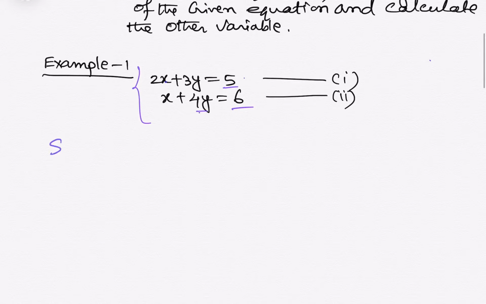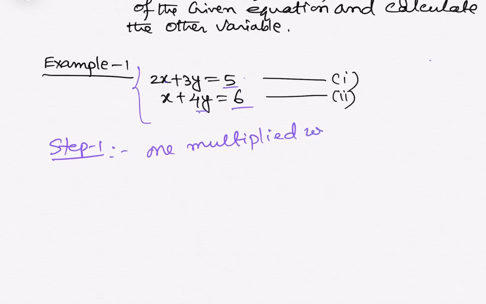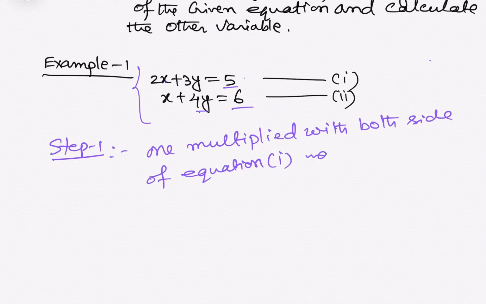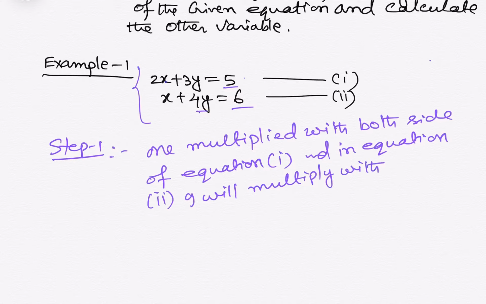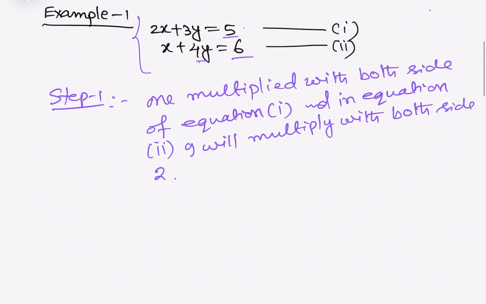Now let's apply step 1. In equation 1 I multiply both sides by 1, and in equation 2 I multiply both sides by 2.